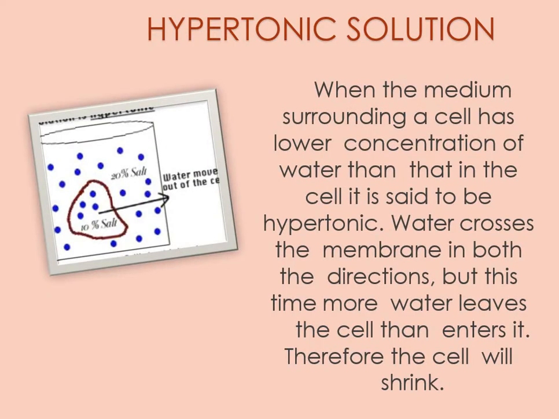In this slide you can see the hypertonic solution shown over here. When the medium surrounding a cell has lower concentration of water than that in the cell, it is said to be hypertonic. Water crosses the membrane in both the directions, but this time more water leaves the cell than that which enters it. Therefore, the cell will shrink.